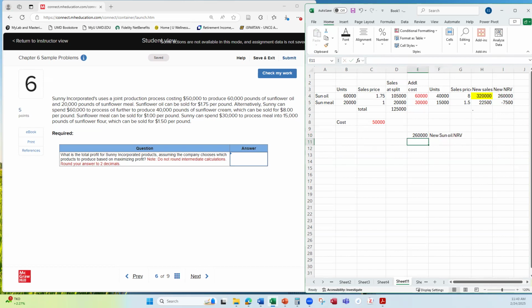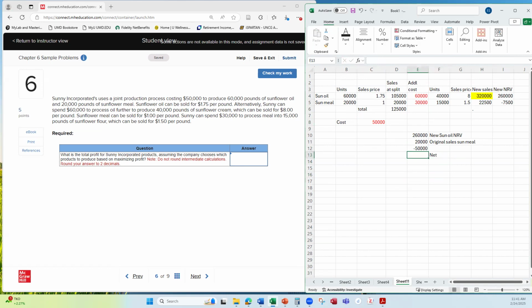And then down here, we would have sales of sunflower meal for 20,000. And then we would also have to subtract out our original 50,000 in costs. So this number here includes this. We're going to ignore this because we're not going to do this additional part, but we still have to subtract our original $50,000 in costs.